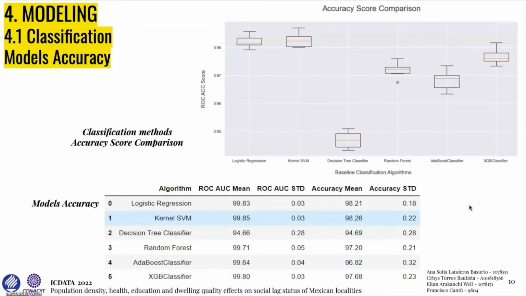One of the main reasons why SVM is considered the best model, even though they both have high accuracies, is that the SVM method has a lower risk of overfitting than logistic regression, which is very vulnerable to it.